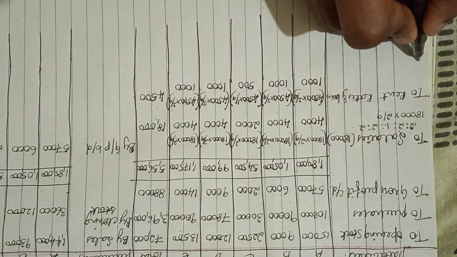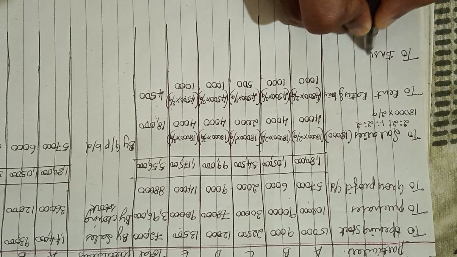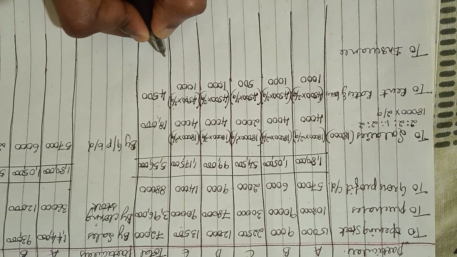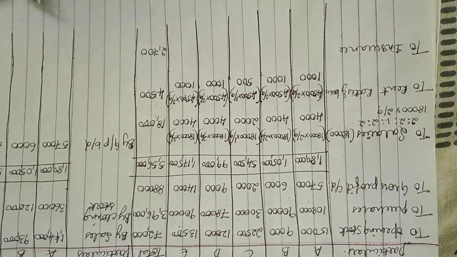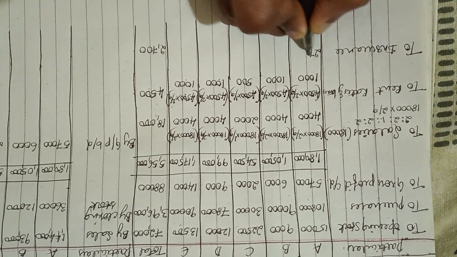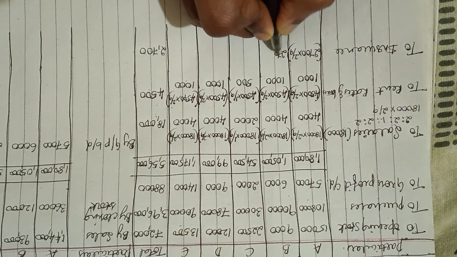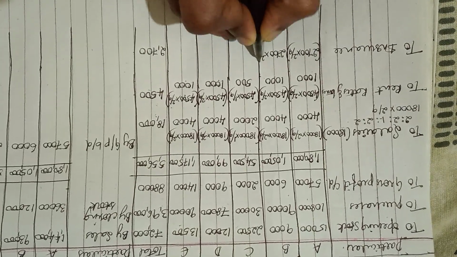Yes. So next is insurance. How much is your insurance amount given? 2,700. So how will you calculate? Insurance is 2,700 into 2 by 9. The ratio will be the same, only the amounts differ.